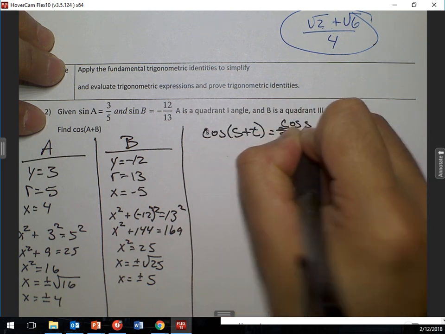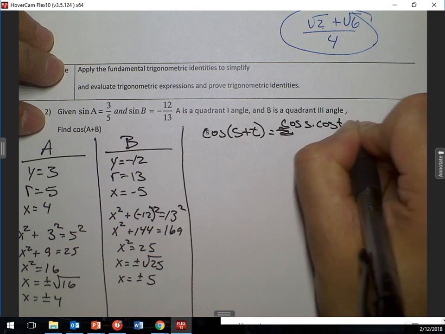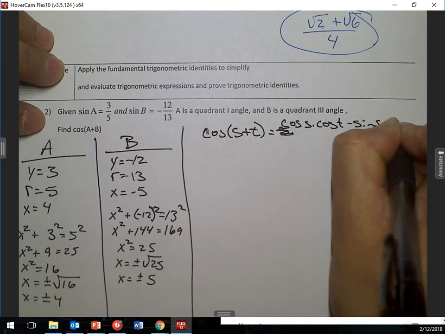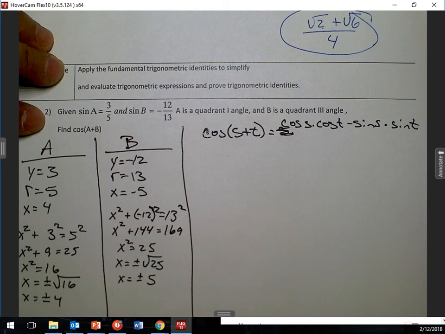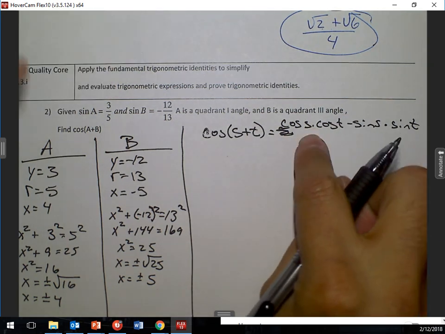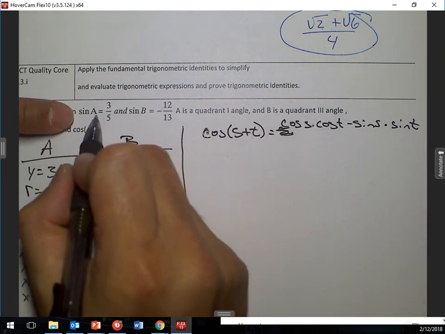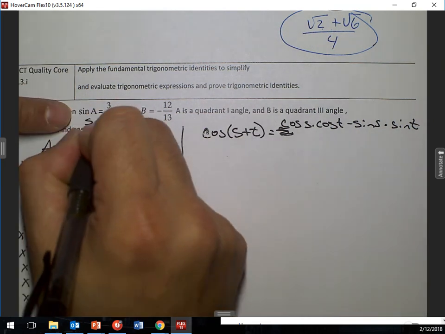Cosine S, cosine T minus sine S, sine T. Okay, plug those in. From my formula, I'm changing it.